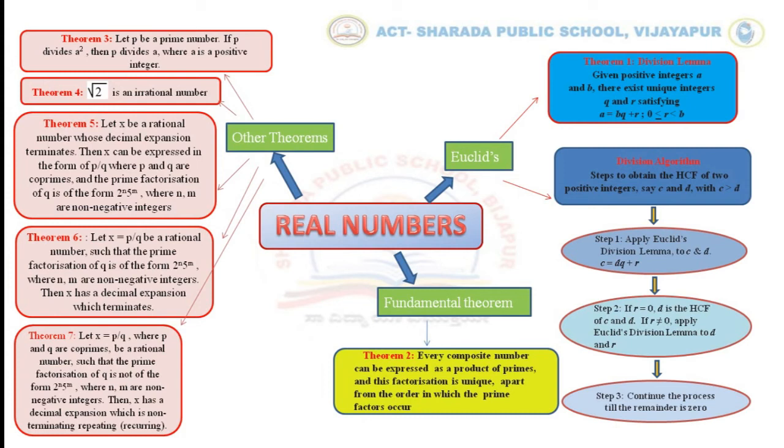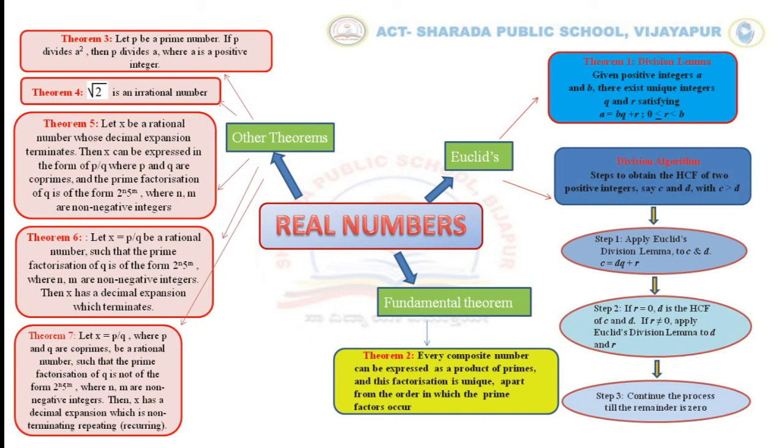To understand theorem 7, we take the easiest example, that is 1 by 3. 1 and 3 are coprime numbers. When 1 is divided by 3, we get the decimal expansion 0.33333 and it continues.